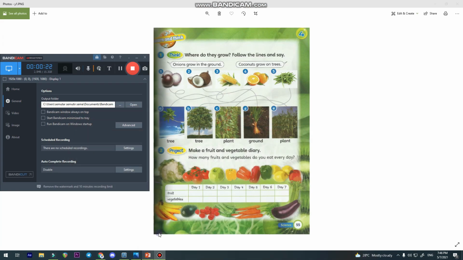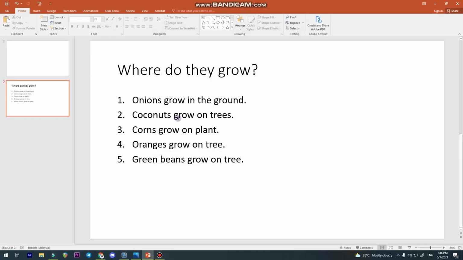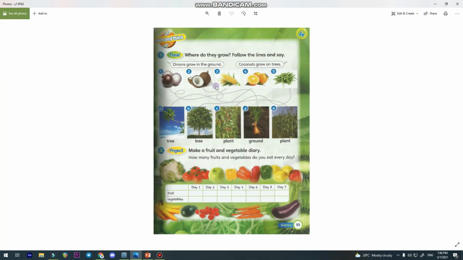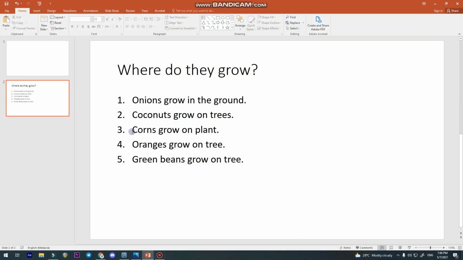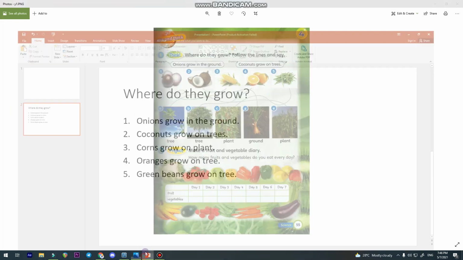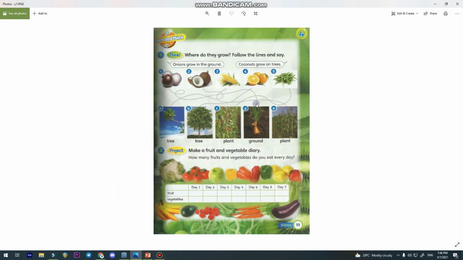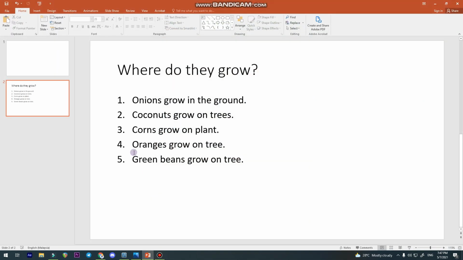Right, number 2, coconuts grow on trees. Number 3, corns grow on plants. Number 4, oranges grow on tree. And number 5, green beans grow on tree.